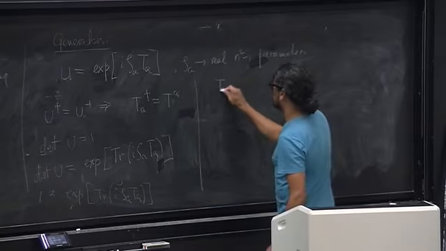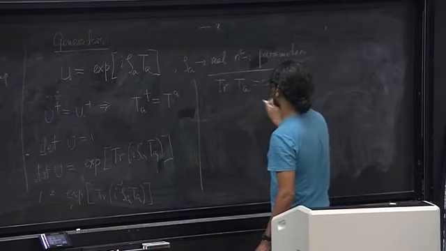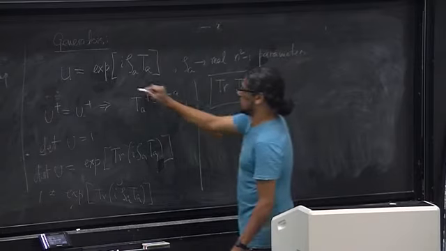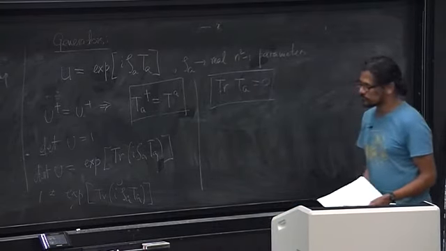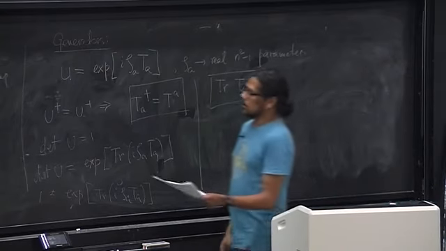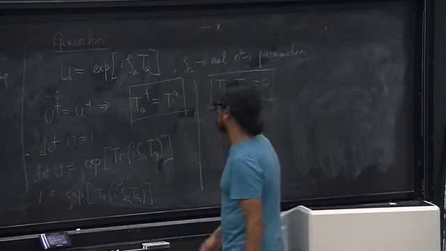This means that the generators have to be traceless. So the generators of the SU(N) group have to be Hermitian and traceless. You are familiar with this in the context of SU(2).